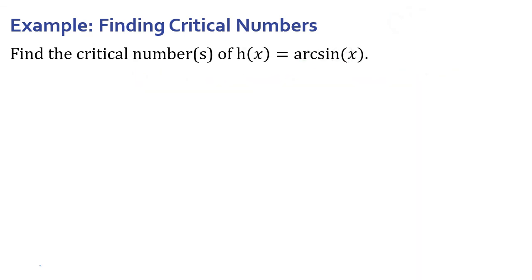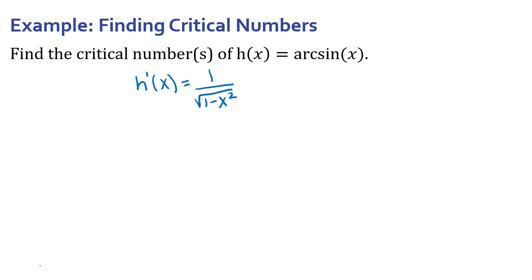All right, now let's look at finding the critical numbers of the function h of x equals the arc sine of x. So the derivative of the arc sine of x, remember arc sine is the same thing as sine inverse, is 1 over the square root of 1 minus x squared.